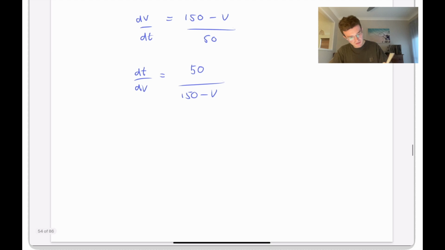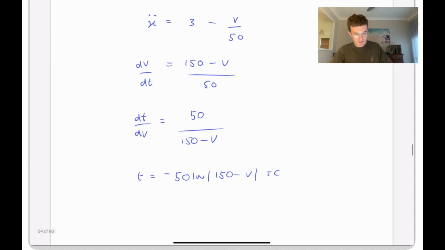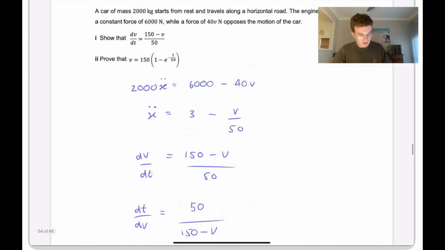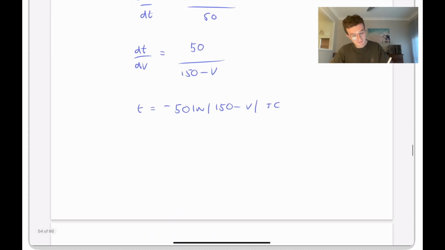That's nice and easy to integrate. We've got t is equal to minus 50 ln of 150 minus v plus c. Now let's have a look at our initial information to find c. We're told it's initially at rest, and we're going to assume, well, initial means time is 0, so the velocity is 0 when time is 0.